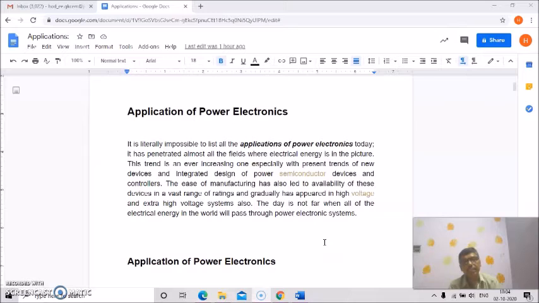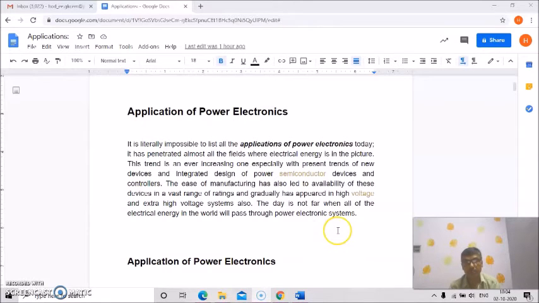This ease of manufacturing has also led to availability of these devices in a vast range of ratings, and gradually they have appeared in high voltage and extra high voltage systems also.